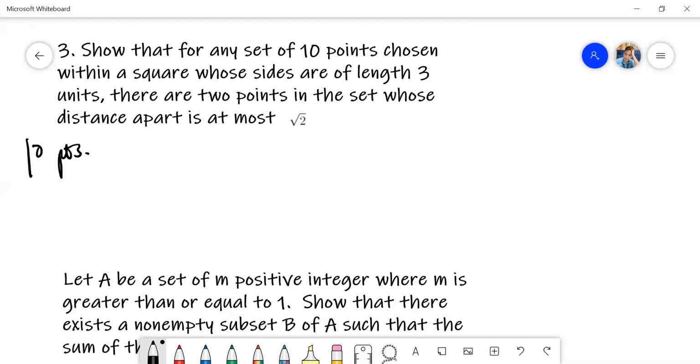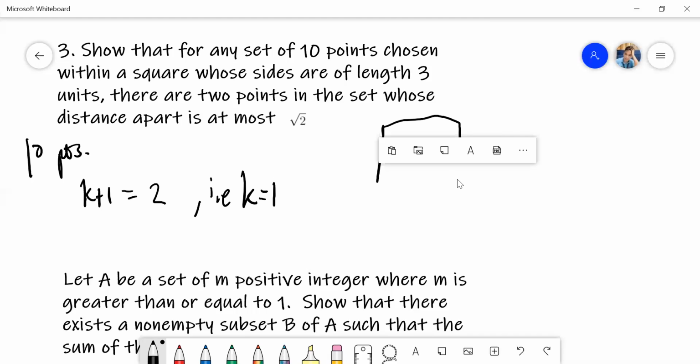By that, we have k plus 1 equals 2, that is, k equals 1, which suggests that we must have a partition of the square into smaller regions. Remember that the square has sides of 3 units. So let's say this is a square. Sorry, I have a bad drawing here. Suppose I have a very perfect drawing of the square.